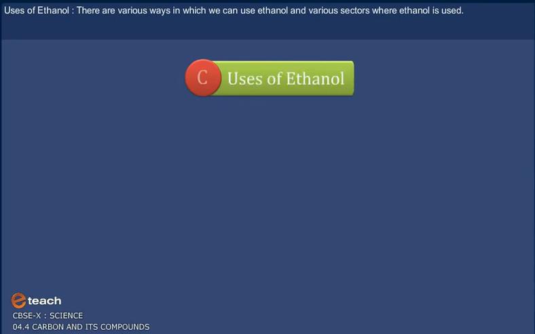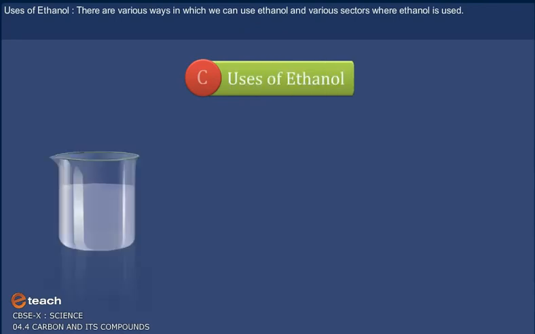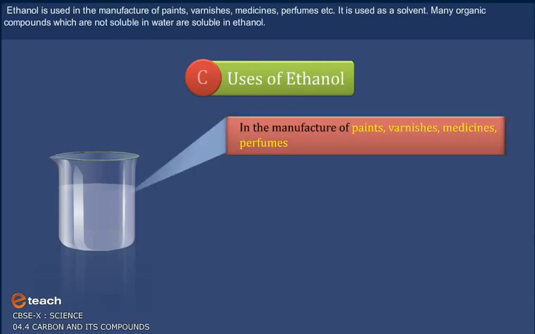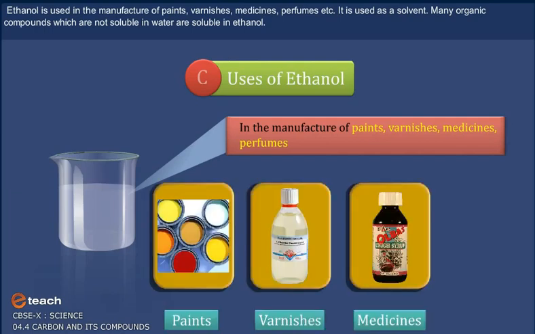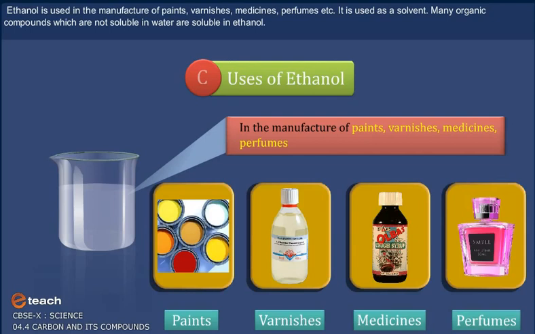Uses of ethanol. There are various types of uses of ethanol and various sectors where ethanol is used. Ethanol is used in the manufacture of paints, varnishes, medicines, perfumes, etc. As a solvent, many organic compounds which are not soluble in water are soluble in ethanol.